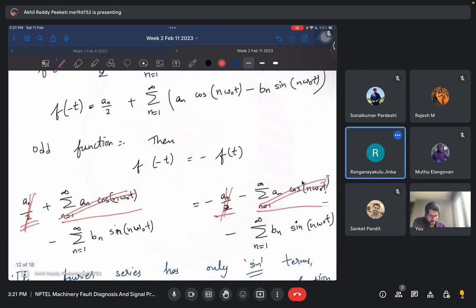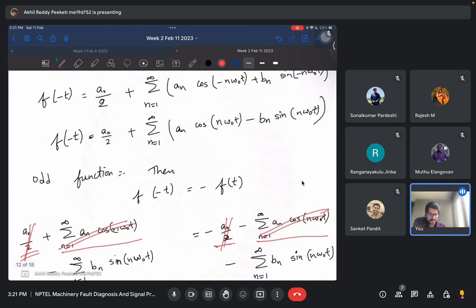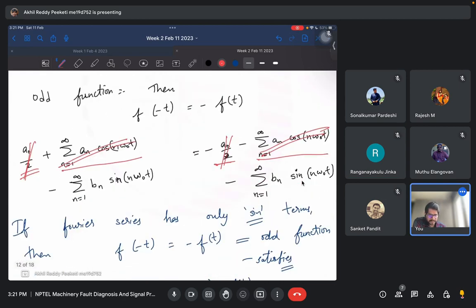Yeah. So I just substituted minus t, and in the final function I compared the terms on both sides, for odd function and then even function. If the terms are not exactly the same, then those terms shouldn't be there. Whatever terms are exactly the same, they can be there, because if they are exactly the same, that means you are satisfying the condition.